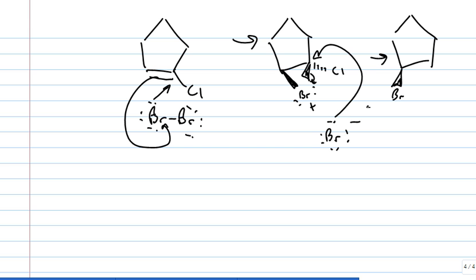You ever, like in a storm, when you have your umbrella and it flips up? Same thing here. This thing flips up like an umbrella. And you see how the chlorine ends up coming the other way? So it's going to end up looking like this. So you have to track this through the whole mechanism.